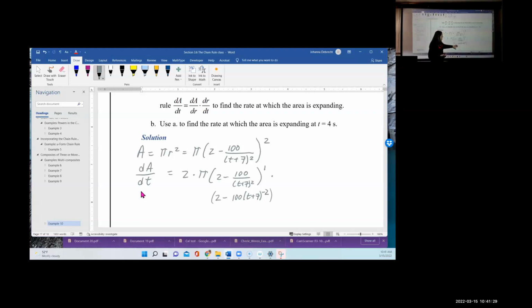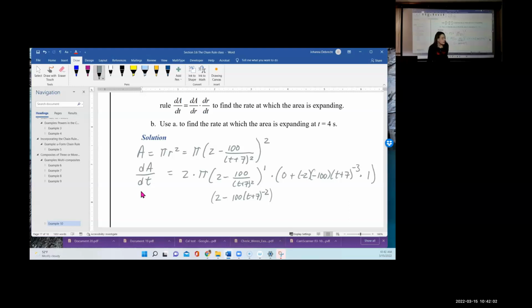So when we take the derivative of the inside, the derivative of the 2 is 0. When we take the derivative of the second term, we get a negative 2 to the front multiplied by a negative 100. So we've got 0 plus negative 2 times the negative 100 times (t plus 7), reduce the power by 1 to negative 3, and then multiply by the derivative of the inside.